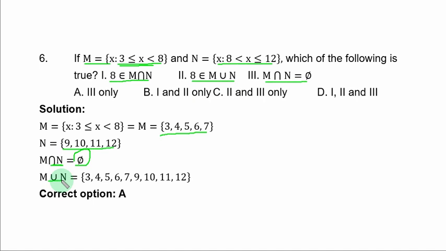So let's check what happens. Now you see that comparing the intersection and union, part 3 of that question is true. So A, I only is the true option.